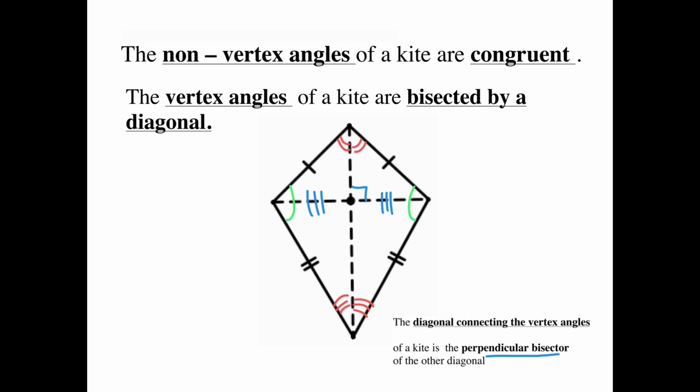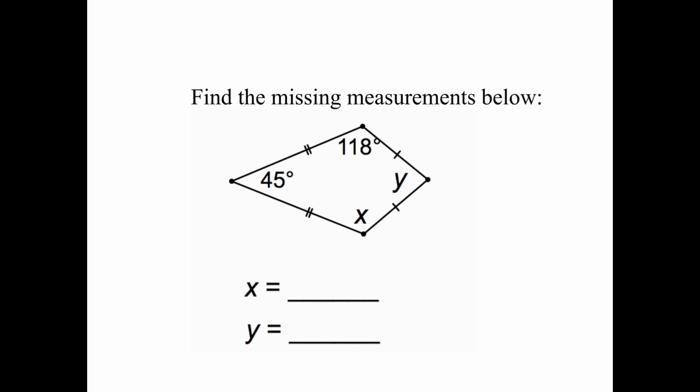So this short, non-vertex to non-vertex diagonal gets cut in half by the other diagonal. So perpendicular, bisector, and so these are going to be the same as each other. But this long diagonal from vertex to vertex does not get cut in half. So let's see if we can use that information to help us find missing measurements.